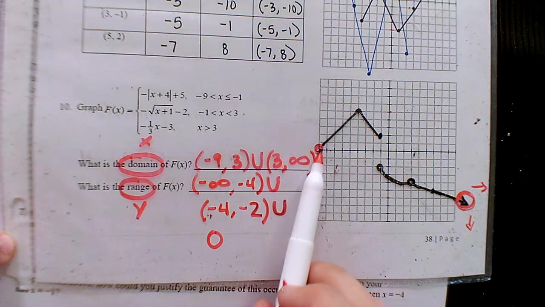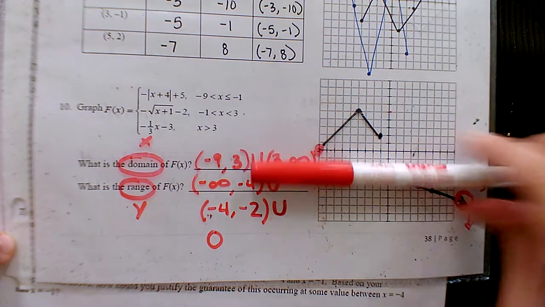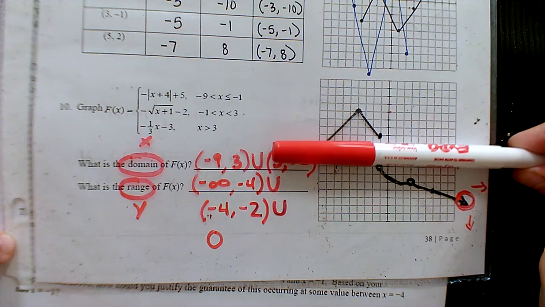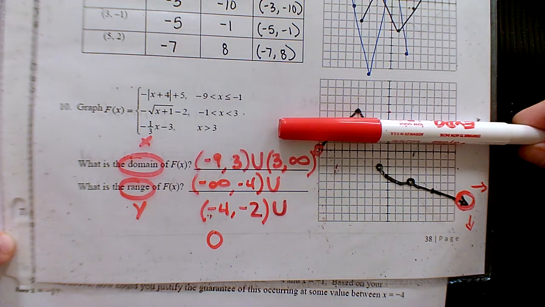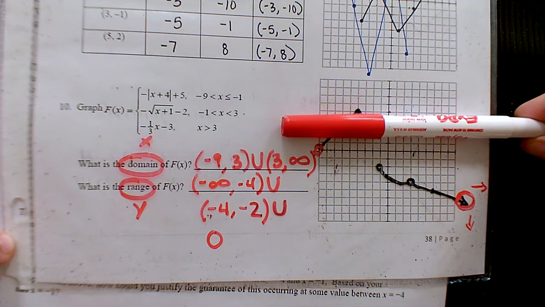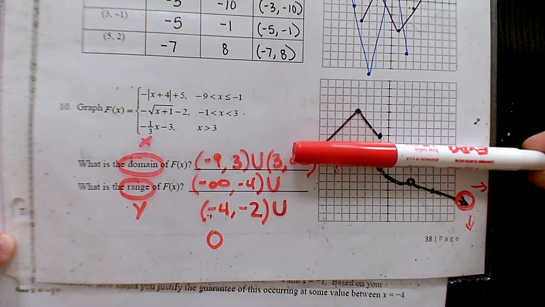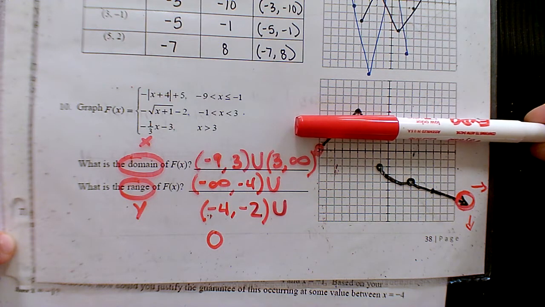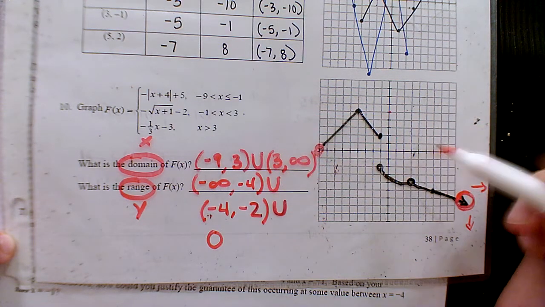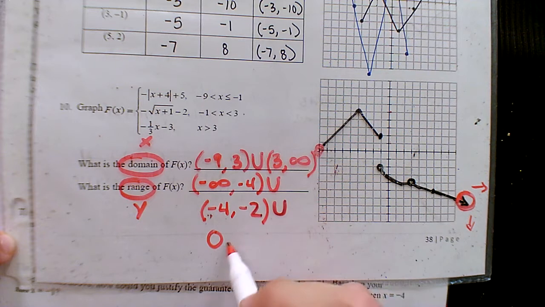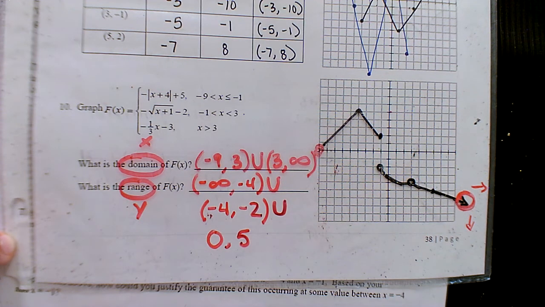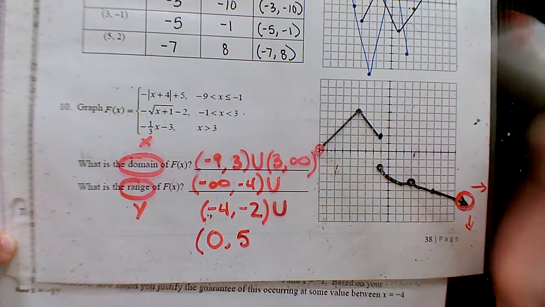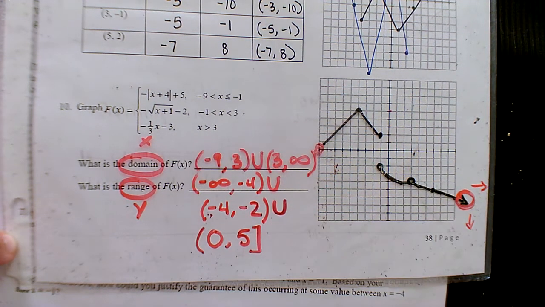All right, the y value of this open circle. And as we continue to drag, when will the graph stop? Looks like 1, 2, 3, 4, 5. Can we touch 0? No, because we had an open circle. Can we touch 5? Yes, there's a closed circle, so that's where we need a bracket.